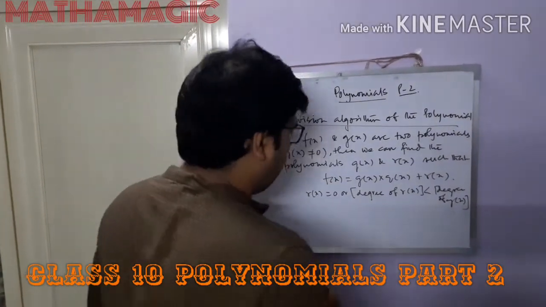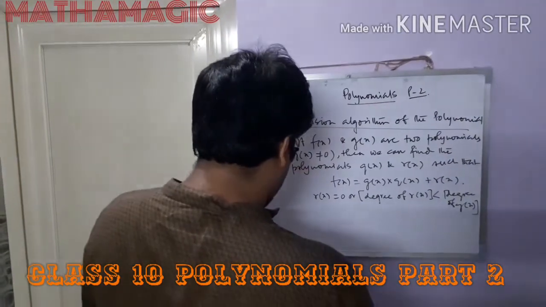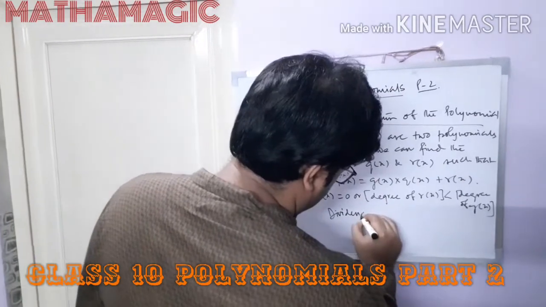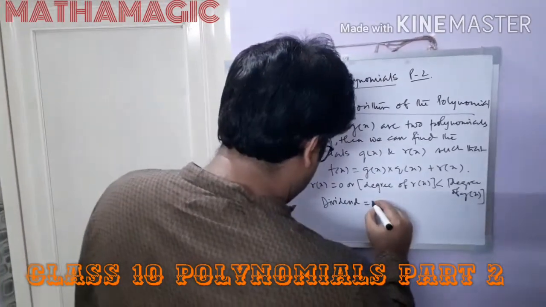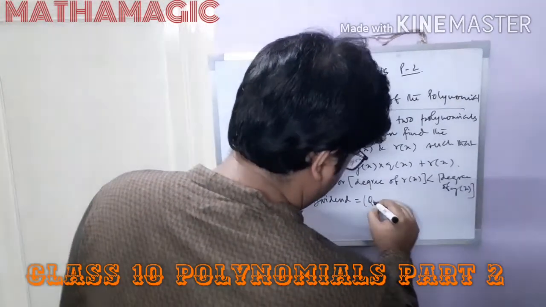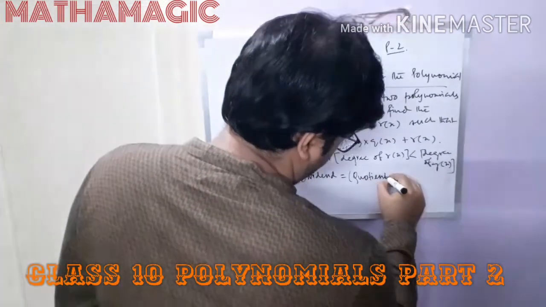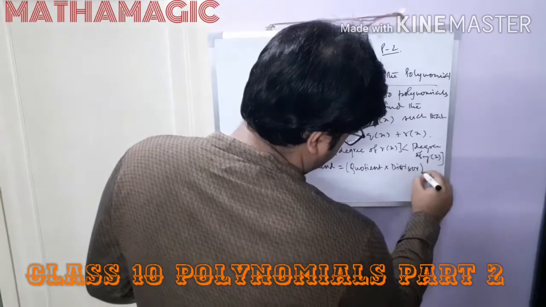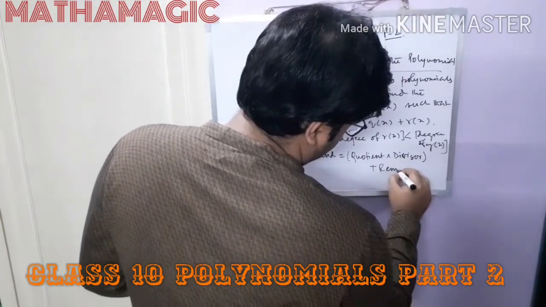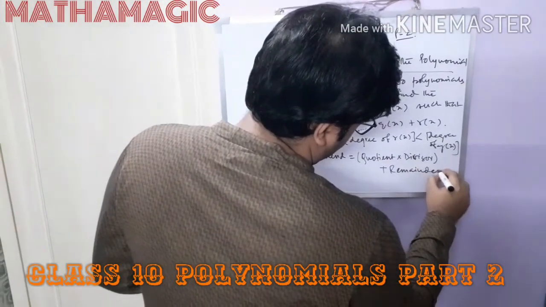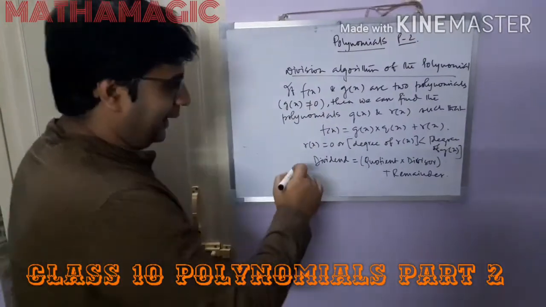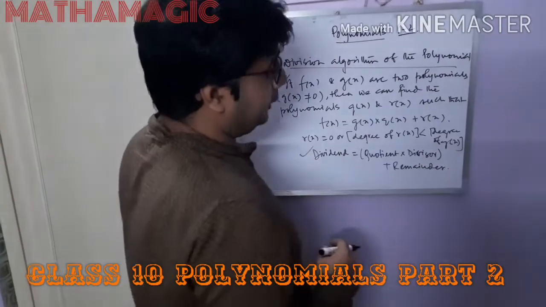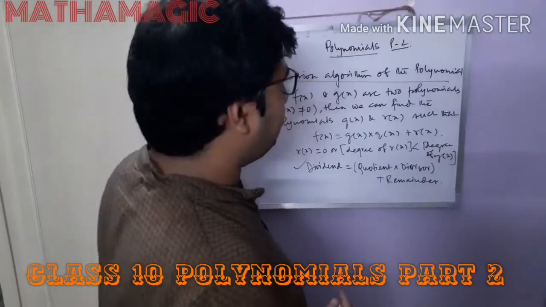In this context, we can write that dividend equals divisor into quotient plus remainder. Now that becomes easier to understand.